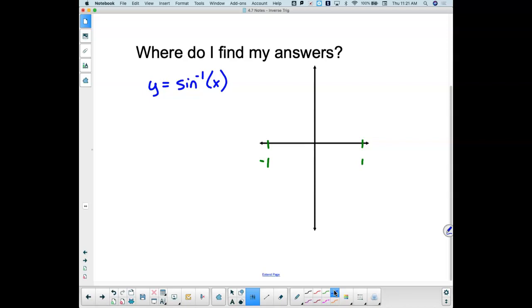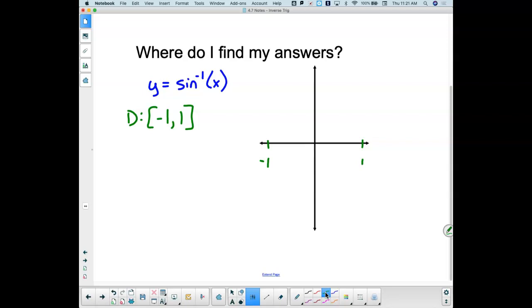The range. My domain is still going to be from -1 to +1. I can only put values between -1 and +1 into the inverse sine function to get out an angle.